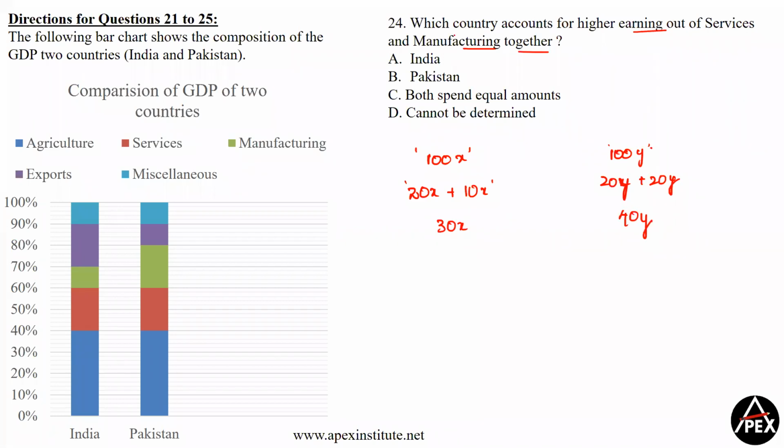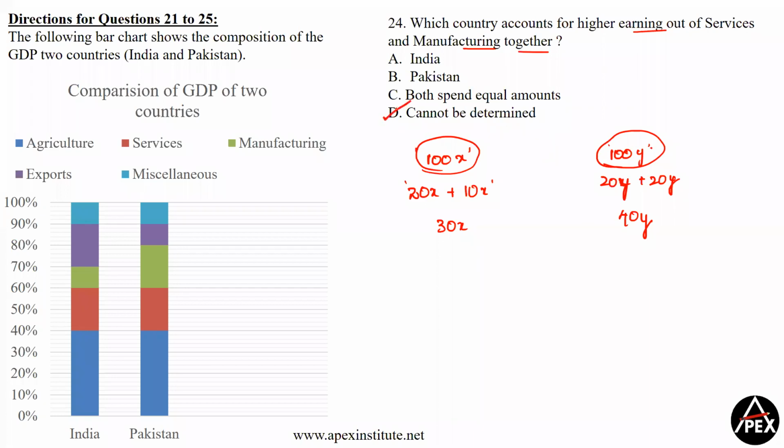So which is more, 30x or 40y? Can't be determined, sir, because we don't know the values of x and y. Perfect. Not being given the amounts of GDP of these countries, we cannot determine which country accounts for higher earnings out of services and manufacturing together.